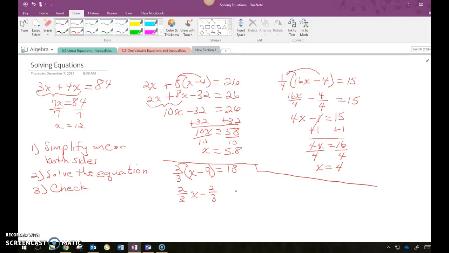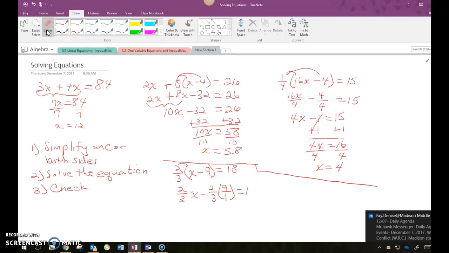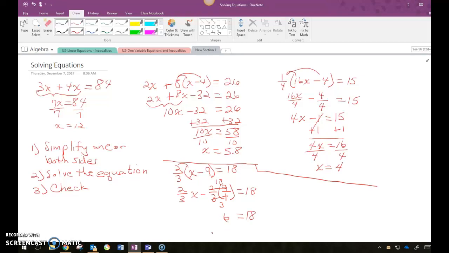I'm going to write that out because that's going to take a little bit of work. Remember, 9 is 9 over 1. Now, 2 times 9 is 18, 3 times 1 is 3, and 18 divided by 3 is actually 6. So I've got 2/3 x minus 6 equals 18.